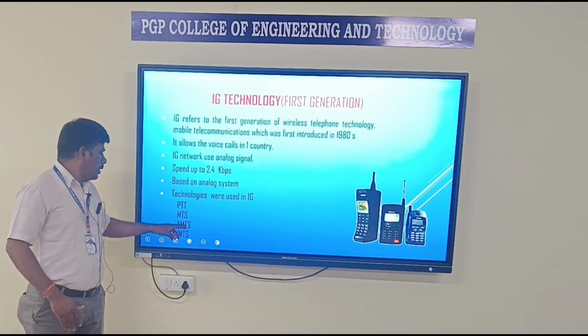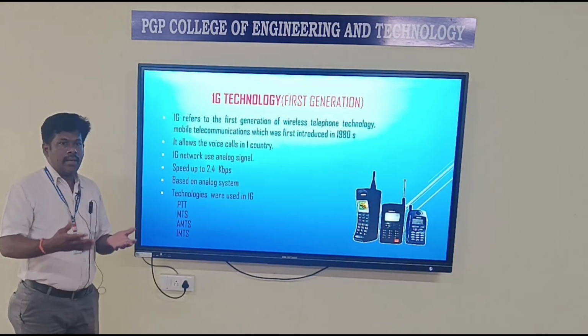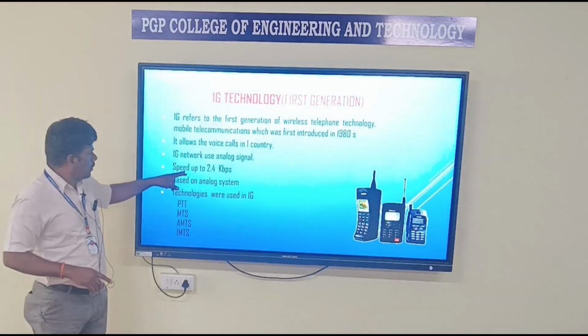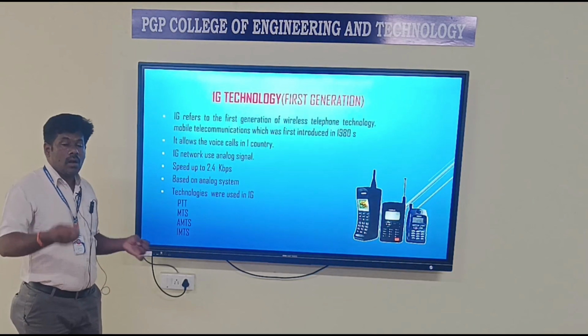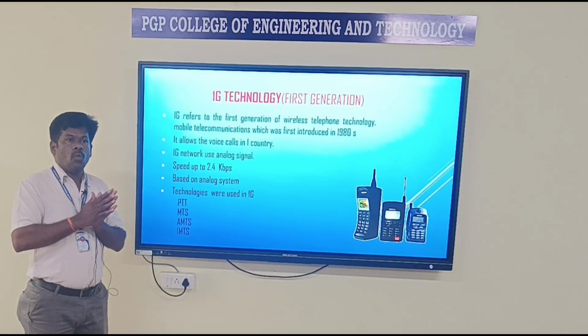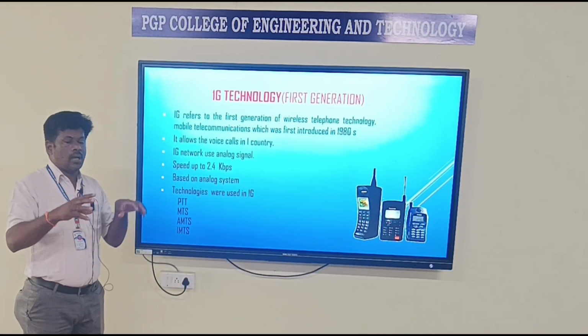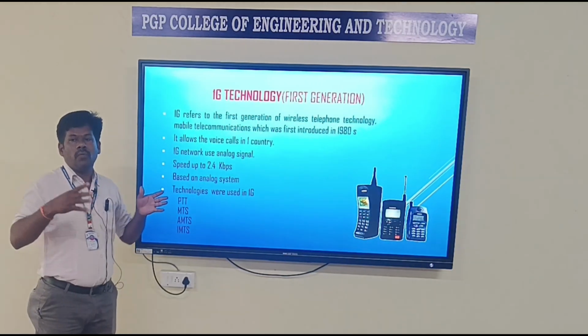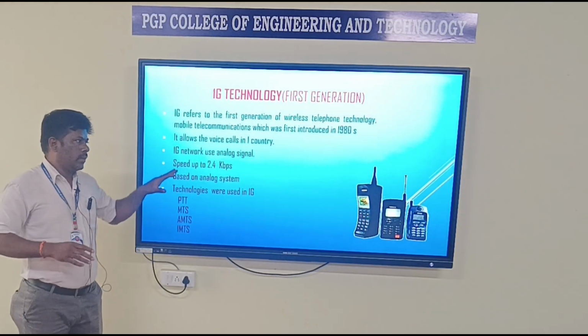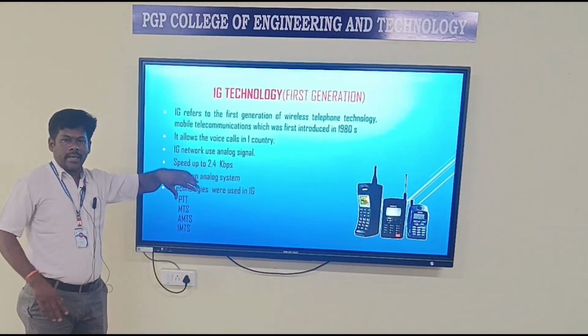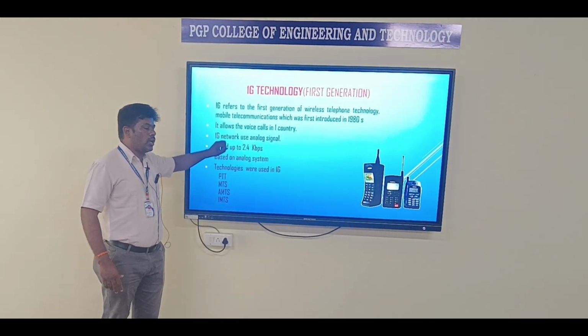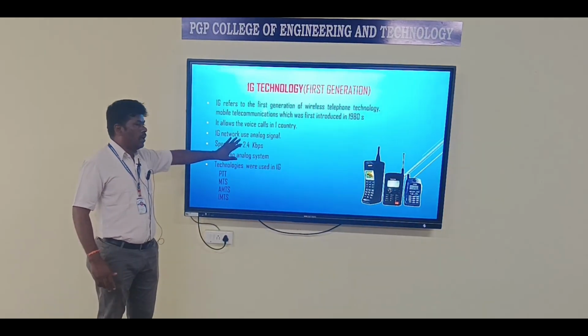In AMTS, we use the internet further and also serve more users per square kilometer, increasing the number of users in a particular area. So usage increased, all within that analog system.